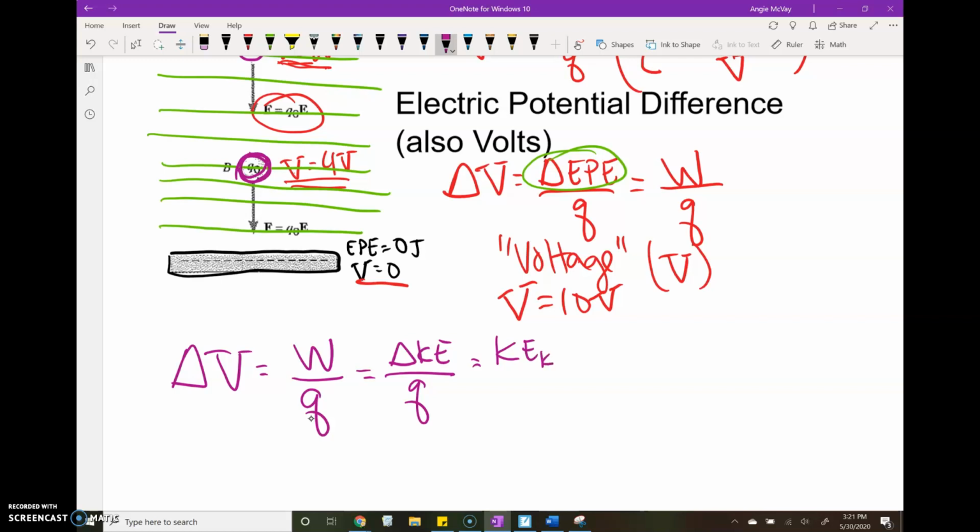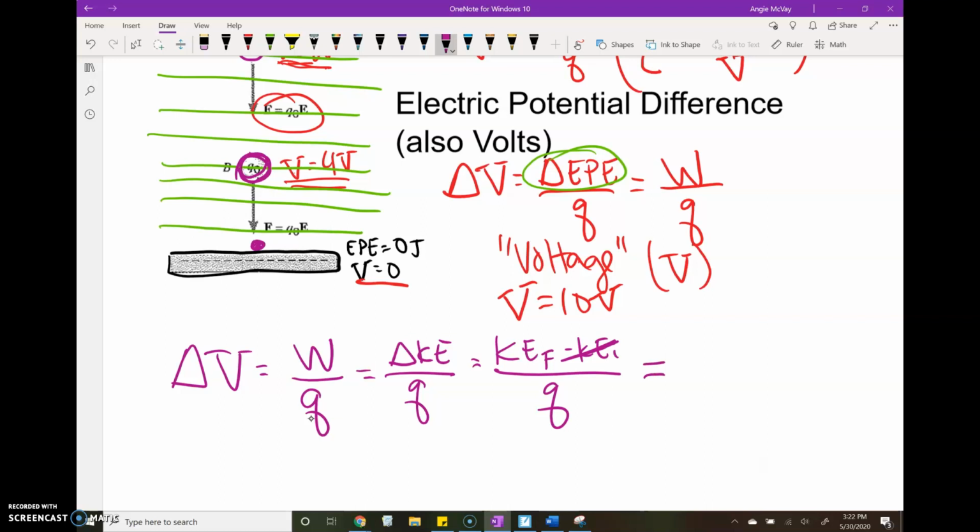Changing kinetic energy is kinetic energy final minus kinetic energy initial per unit charge. And the final kinetic energy is just like when we were talking about the motion of macro objects like rockets, balls, all of that sort of stuff. We consider the kinetic energy that object will have the instant before it slams into that negative plate, or the instant it slams into the ground. So the final kinetic energy won't be 0. We're assuming the initial kinetic energy is 0 and that our object is starting from rest.